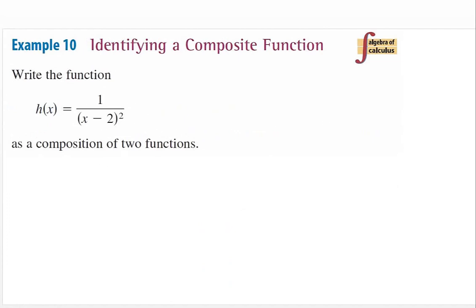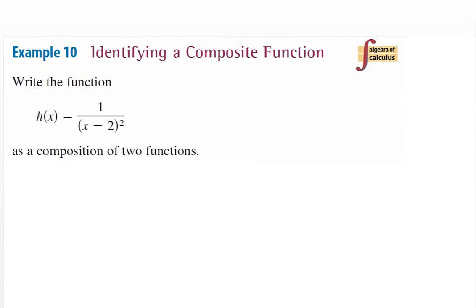Let's do the same thing right here. So another practice. So here's h of x right here. All right. So let's say I make f of x equal to 1 over x squared. Well, if I make g of x equal to x minus 2, if I say, hey, let's take f composed with g of x, right?